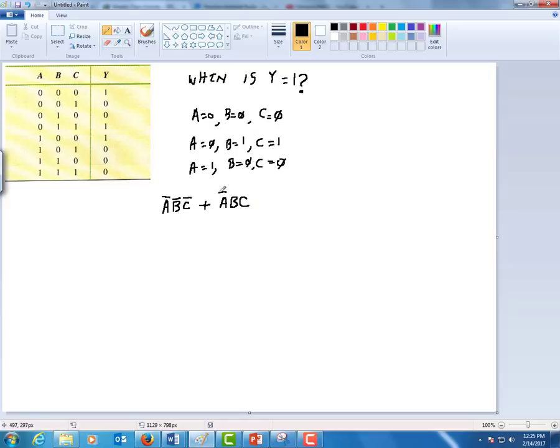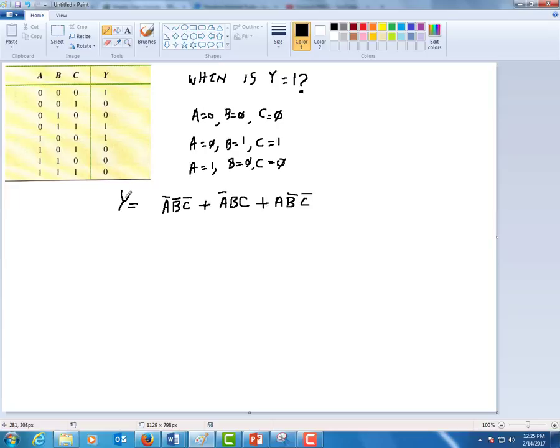There are different ways to say it, but I'm sure you get the idea. Or when A is equal to 1, or A is high, and you have B bar, C bar. Let's make that Y. So there's your expression for when y equals 1.